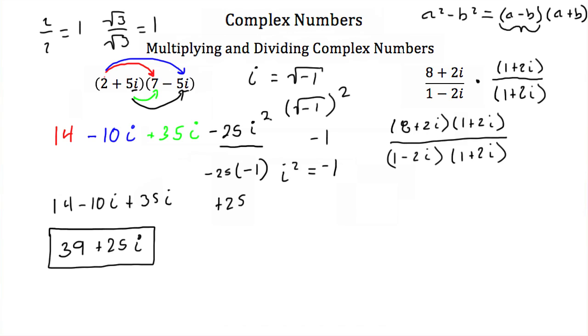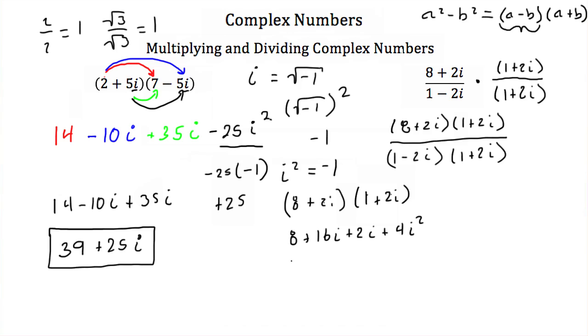I'm going to start with the numerator first. If I have an 8 plus 2i and a 1 plus 2i, 8 times 1 would be 8. 8 times 2i would be 16i. 2i times 1 would be 2i. And 2i times 2i is 4i squared. Now remember, i squared is always equal to negative 1.